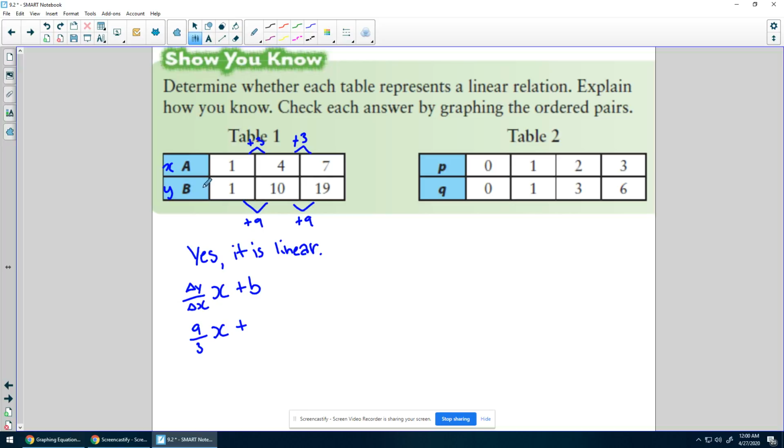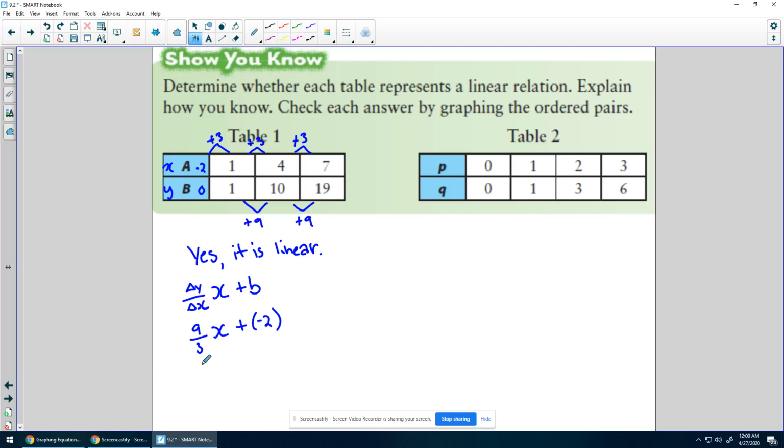So if we had 0, what would our x be? Well, we're going up by 3s, so going backwards, we've got to subtract 3 from that, which is going to be -2.